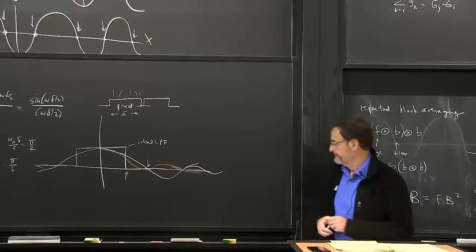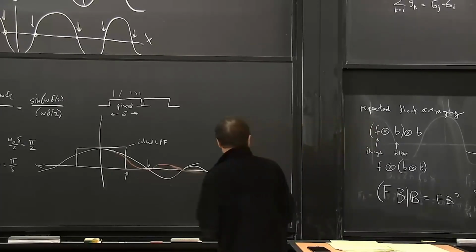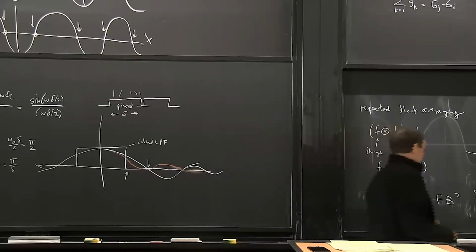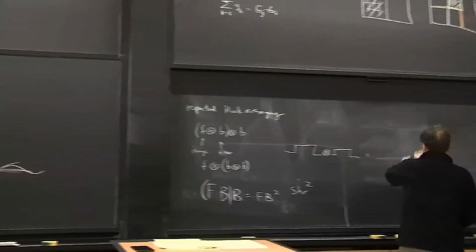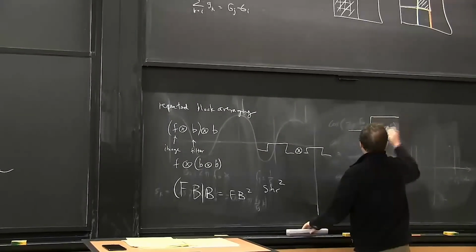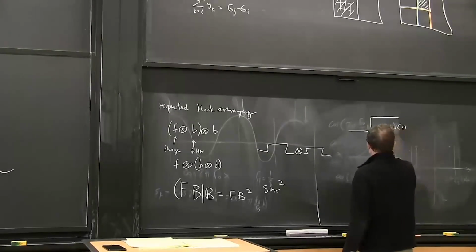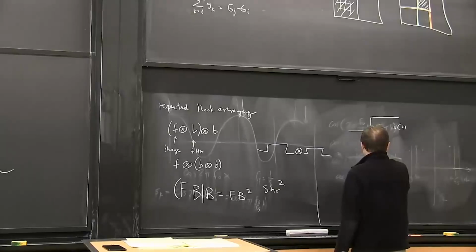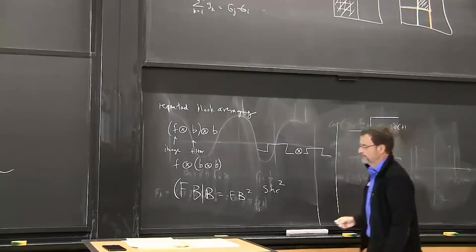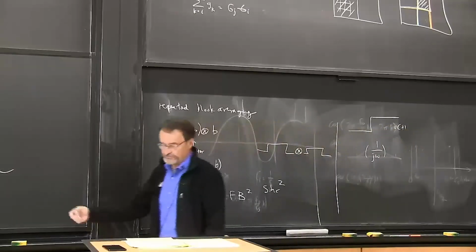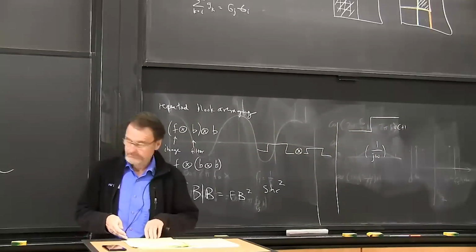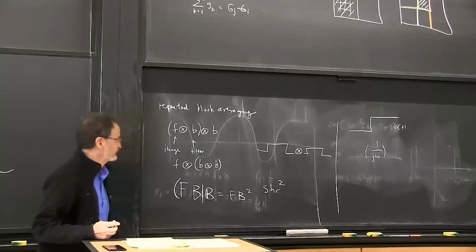So I mentioned that the transform of a unit step is, which we can easily prove by plugging it into the formula for the Fourier transform.